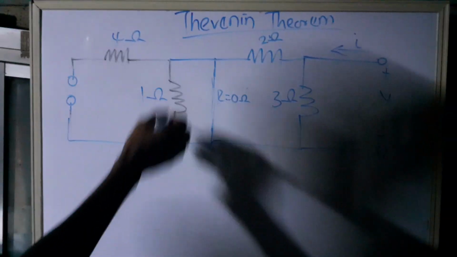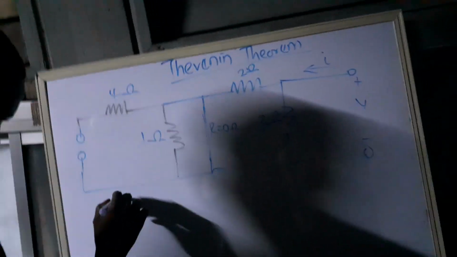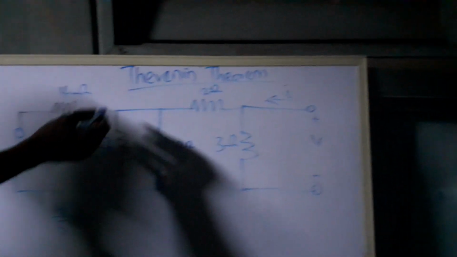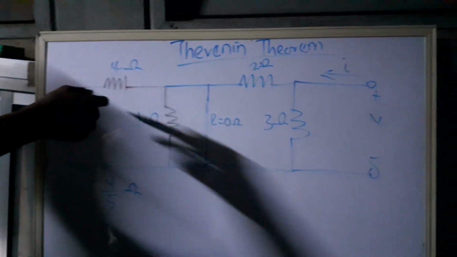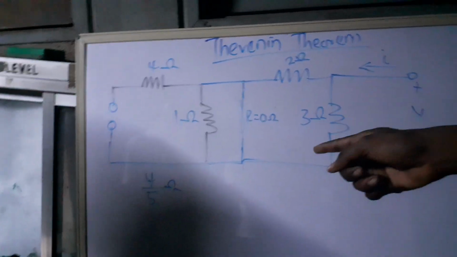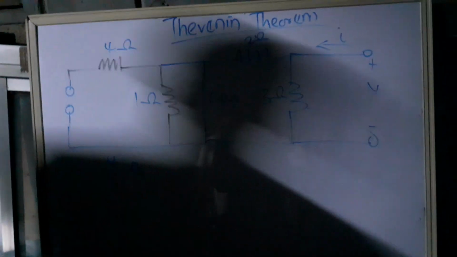So this and this are in parallel. What will be the equivalent resistance? 4/5. So 4/5 will be in parallel with this. What will be the equivalent resistance? 0.